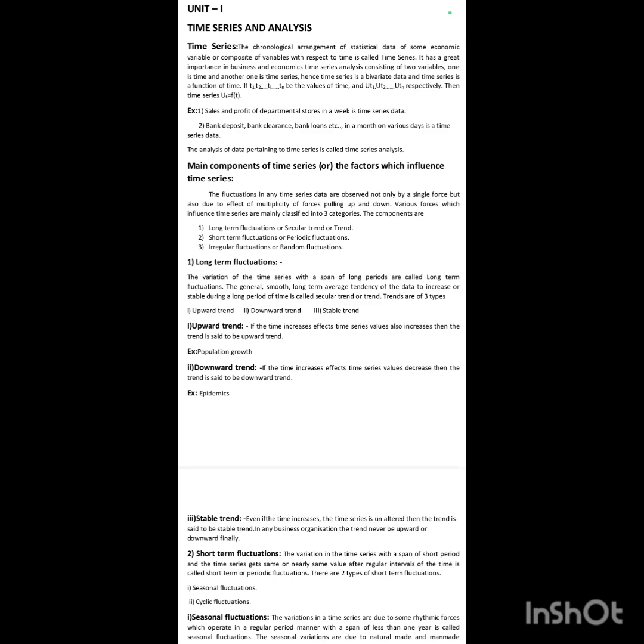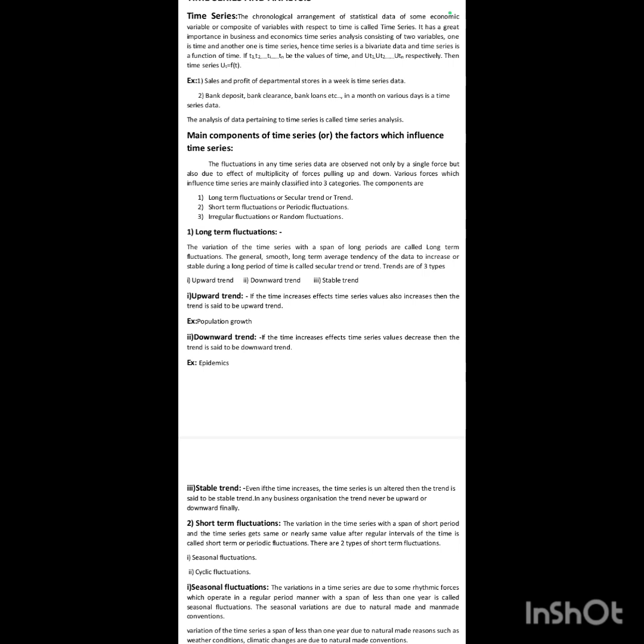It has a great importance in business and economics. Time series analysis consists of two variables: one is a dependent variable and the other is an independent variable. Here, one is time and the other is the time series. Hence, the time series is bivariate data and is a function of time.